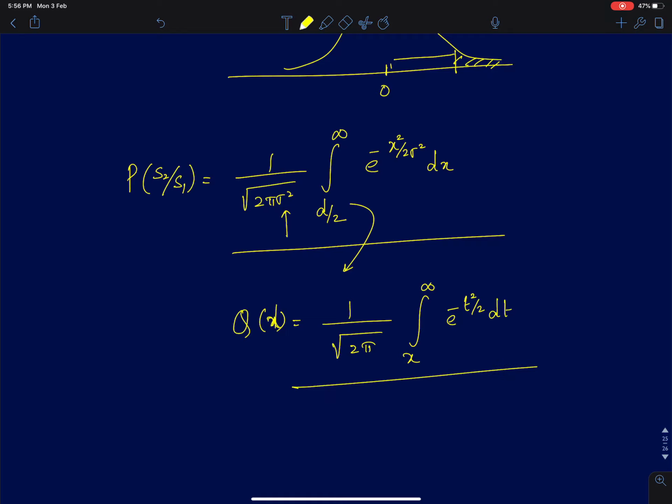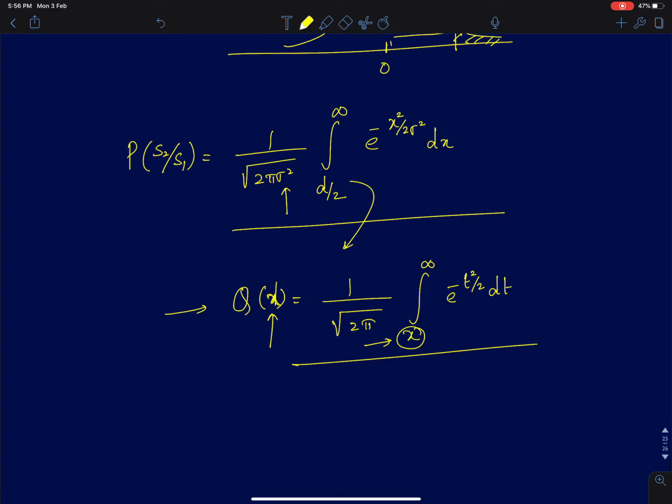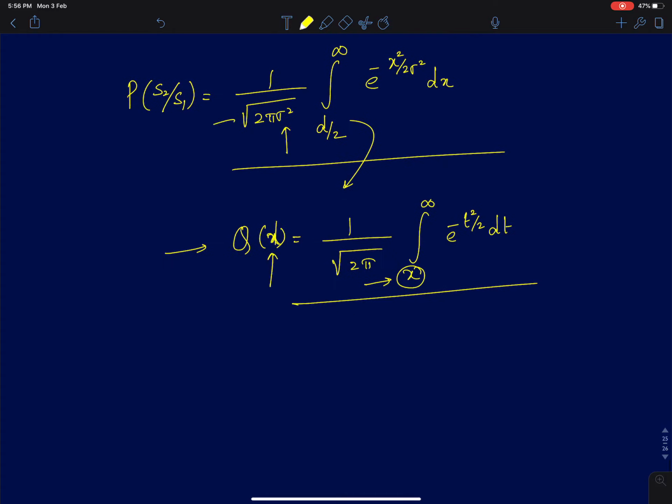This is the expression for Q of x. Can I somehow express it in terms of Q? This integral doesn't have a closed form expression, but we will express it in terms of Q. For that you have to numerically compute its value, and it is readily available. Any standard textbook will contain the value of Q for different values of x.